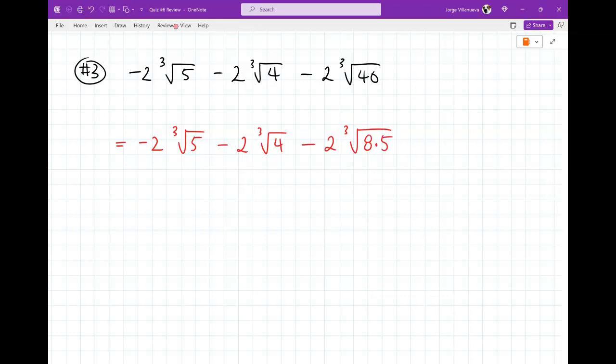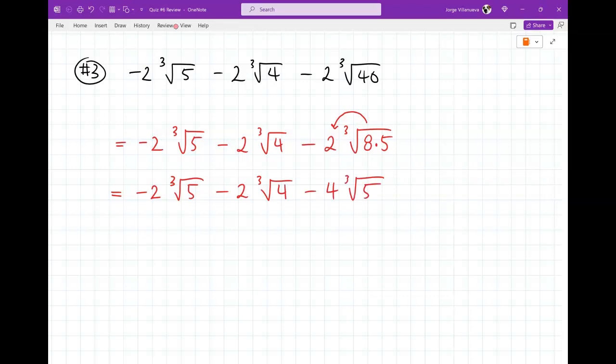And I know the cube root of 8 exists. What is the cube root of 8? 2. So that's going to come out as a 2, so that'll be a 2 times 2 right there. So let me rewrite this. Negative 2 cube root of 5 minus 2 cube root of 4 minus 4 cube root of 5.